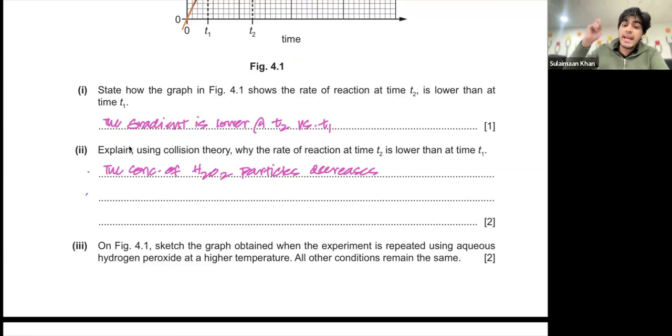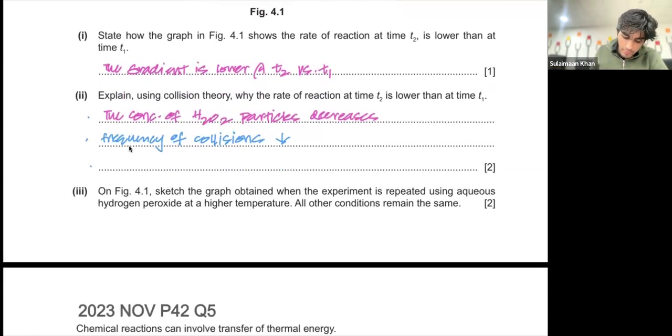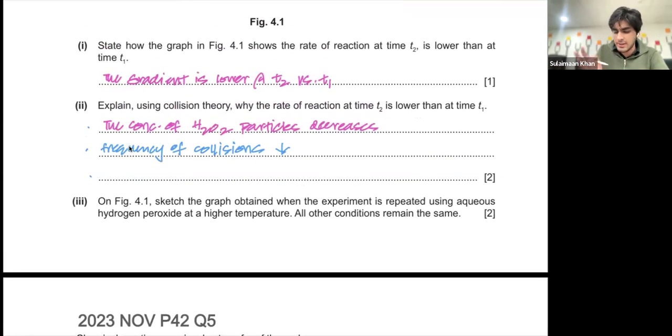This is all the tree analogy. Yes, this would mean the frequency of collisions decreases. And you could add a third point, which is very crucial. It's your choice to add it or not, but I'd recommend to add it, which is what?